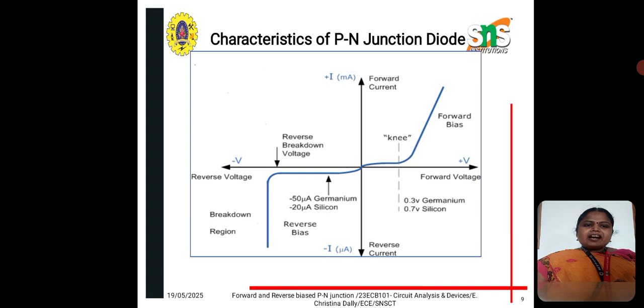When it conducts, for germanium it will be 0.3 volt, for silicon it will be 0.7 volt. That is termed the knee voltage. When we keep on increasing the voltage, the current increases. That is termed the forward bias. In the reverse voltage, while the current is constant, at the same time it drops. That is termed the breakdown region. So this is the reverse bias condition, and this is the characteristics.